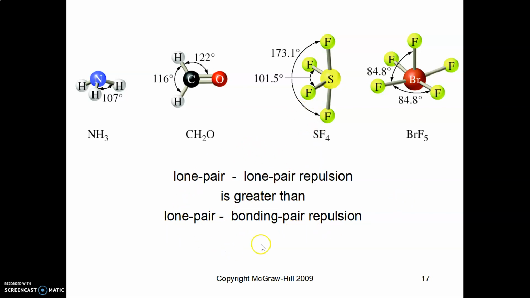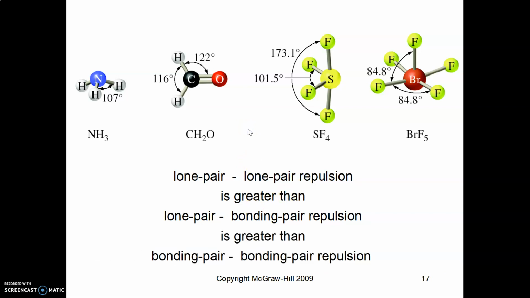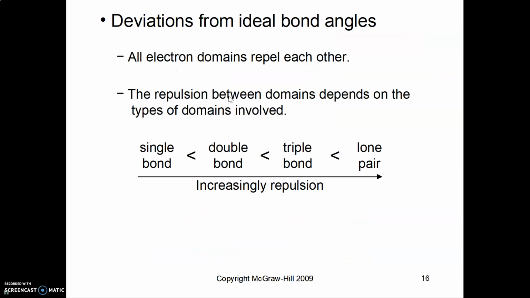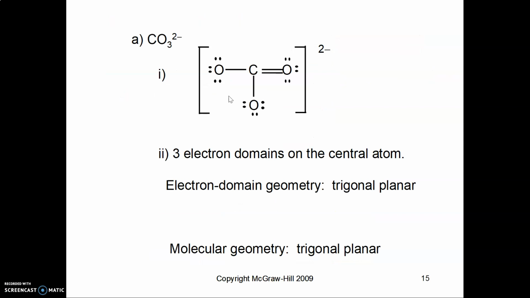Okay, that's essentially all this is saying. All right, that if you have a lone pair, they're going to repulse everything more than any type of bond will. All right, and bonding pair, yeah. So all of that is just essentially showing why we get the different shapes that we get.